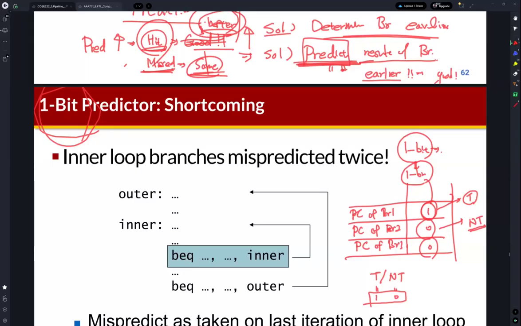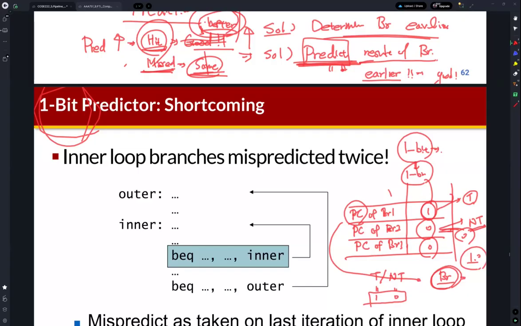So for a fetched branch, we read this table using the PC and get the result, 1 or 0. If it's 1, we predict the result of the branch instruction is taken. If the prediction table includes 0, we predict that the result of the next branch instruction is not taken.